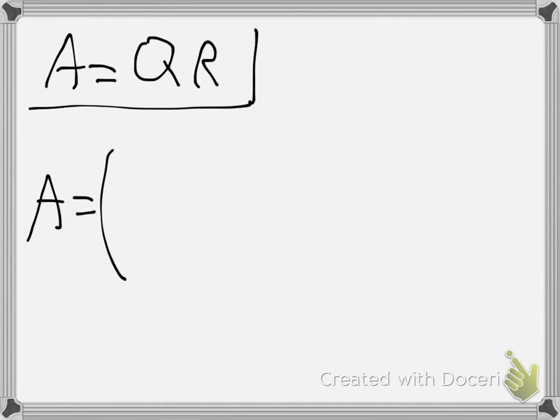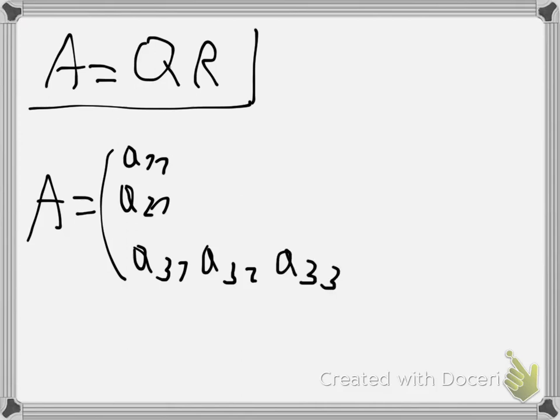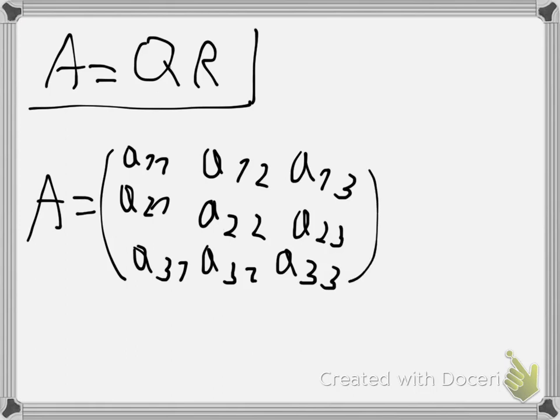Let's maybe name these elements A11, A21, A31, A12, A22, A32, A13, A23, A33.